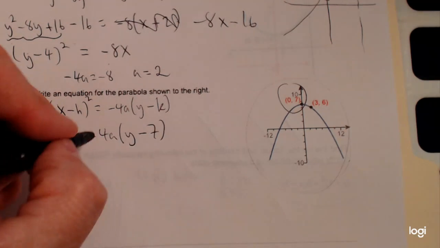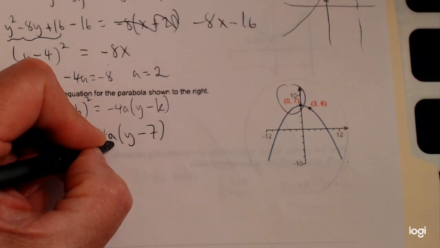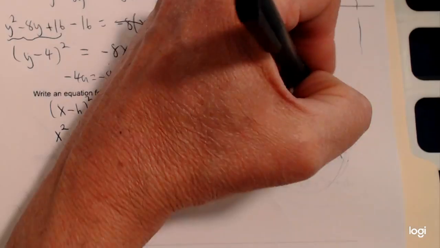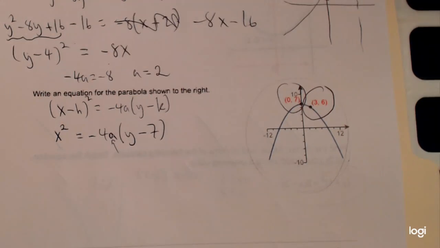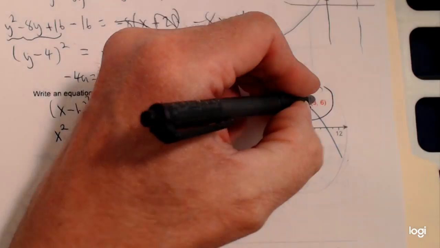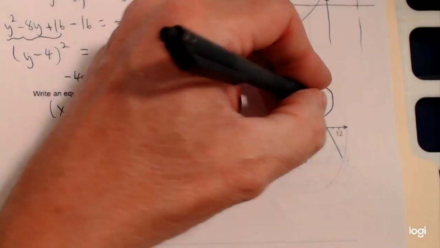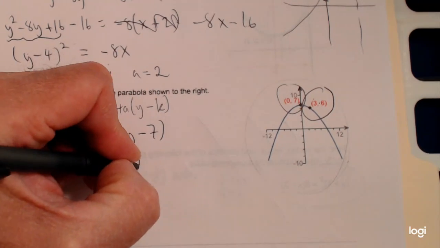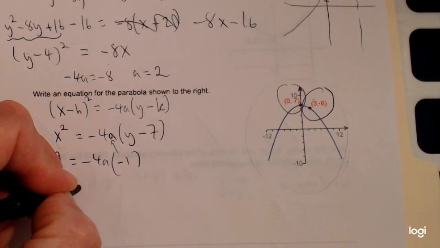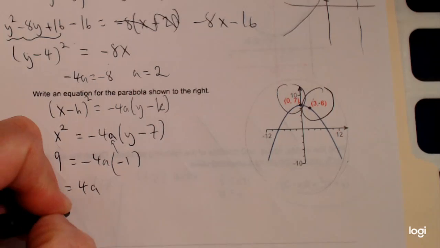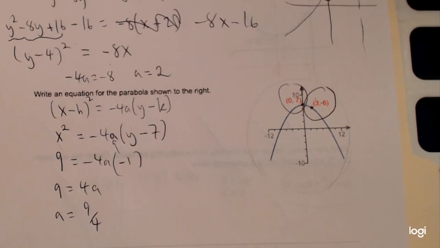Now the only thing we need to do is figure out what the a value is, and we're going to do that by using this point right here. So we're going to plug in 3 for x and 6 for y. a is going to be 9/4.